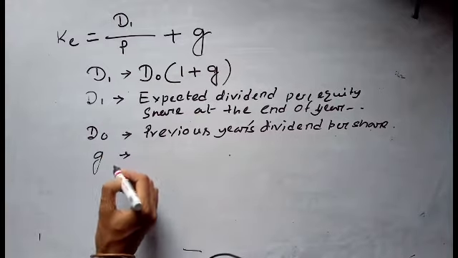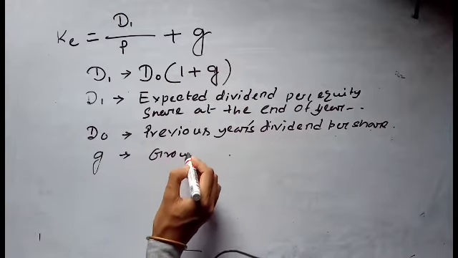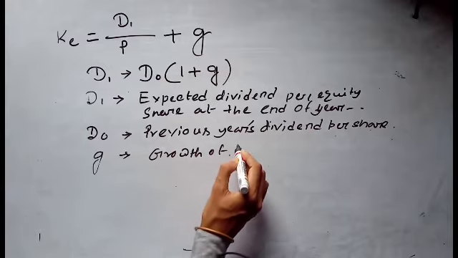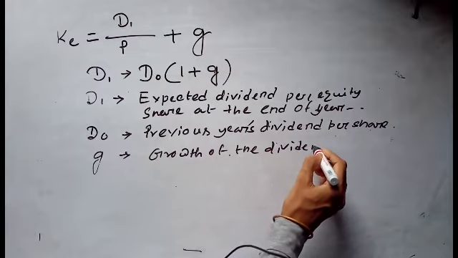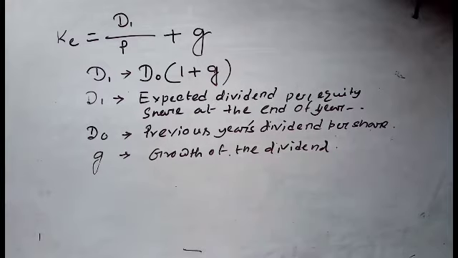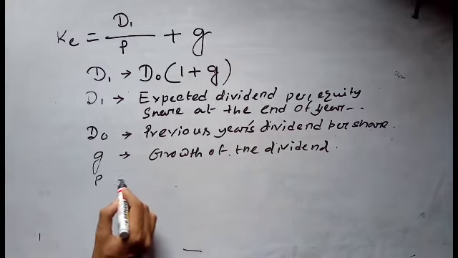G represents the growth of the dividend. And what is P?